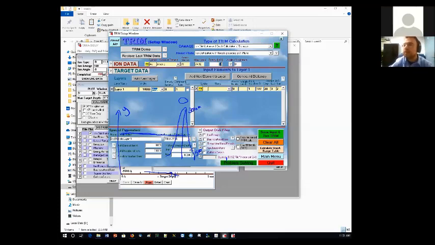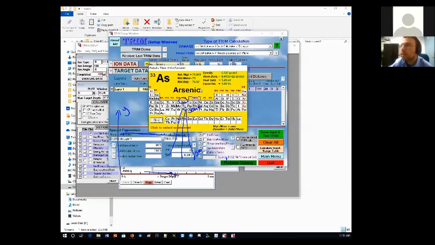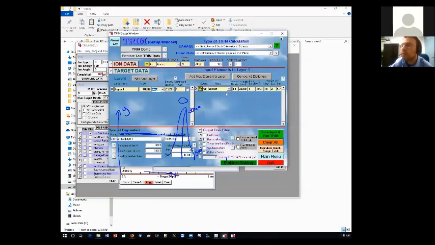Give the same energy, 100 kiloelectron volts, because we want to make a fair comparison. We will leave this again to be 1 micrometer, and the target is also silicon. And remember, we have to change this total number of ions to 100 again. So now we're ready to run this too.